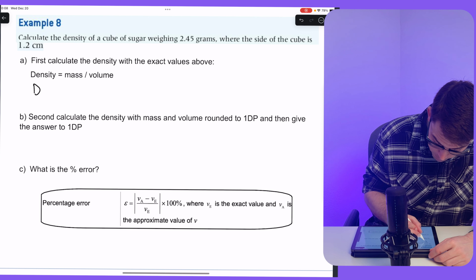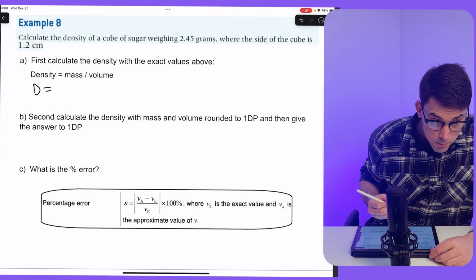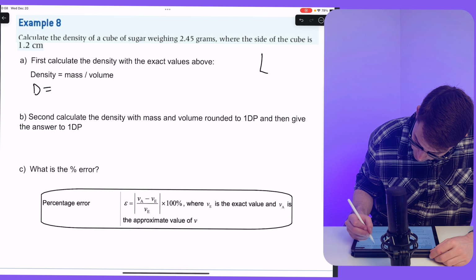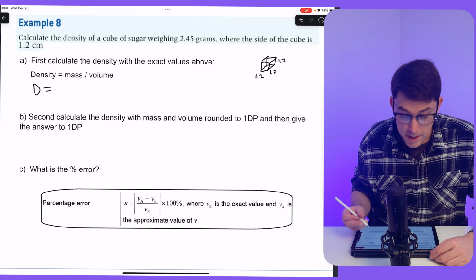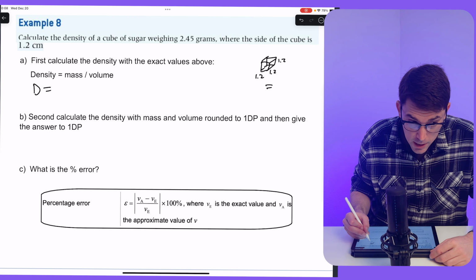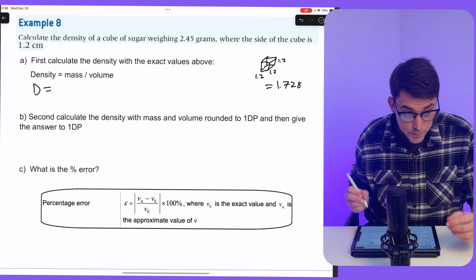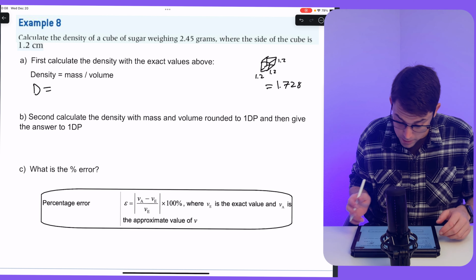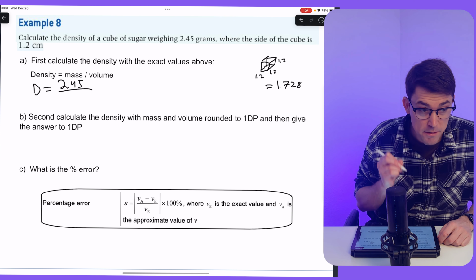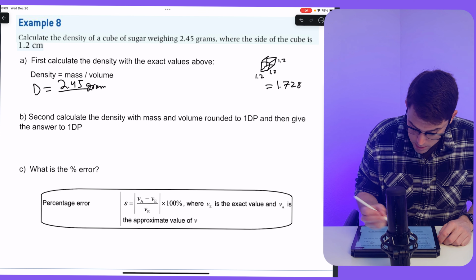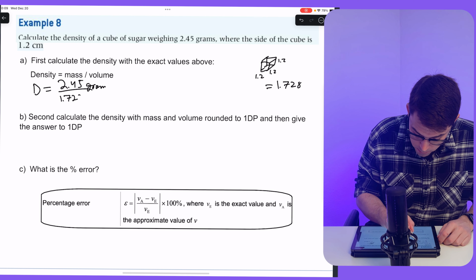So my density for my first one is mass over the volume. Well, I also know that my cube here, excuse my crude drawing, is just 1.2, 1.2, and 1.2. So I went ahead and calculated that volume, multiplying all 3 of those sides together. I get 1.728, and my mass I'm given is 2.45 grams, and I'm dividing by 1.728 cubic centimeters.